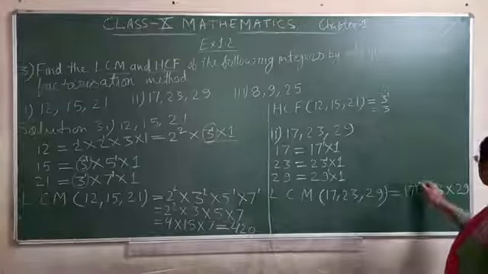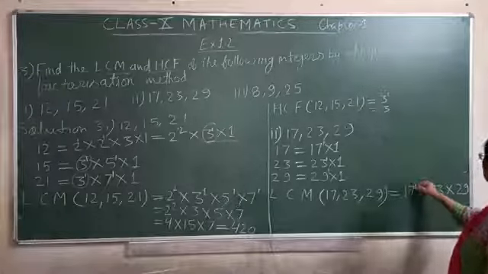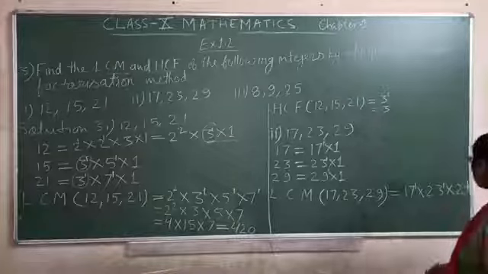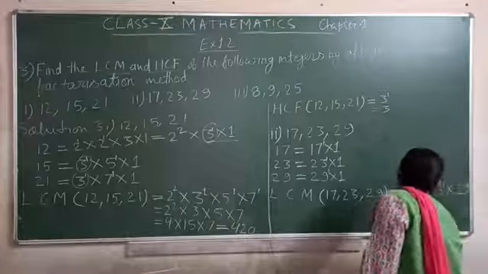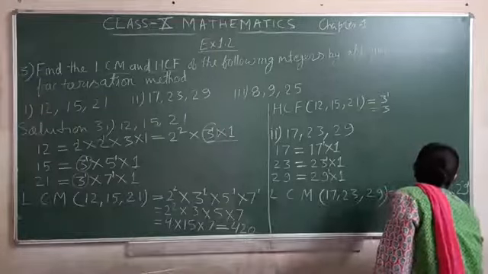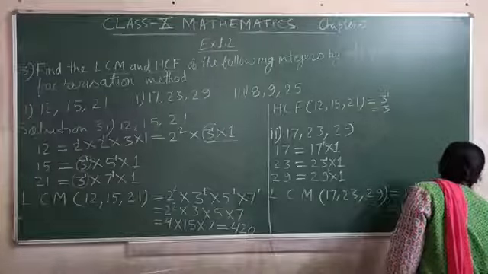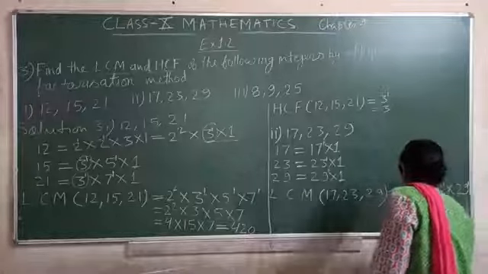You can write it like this also. And if you are not getting it well, then you can write firstly like that, first in terms of power, and then 17 into 23 into 29.